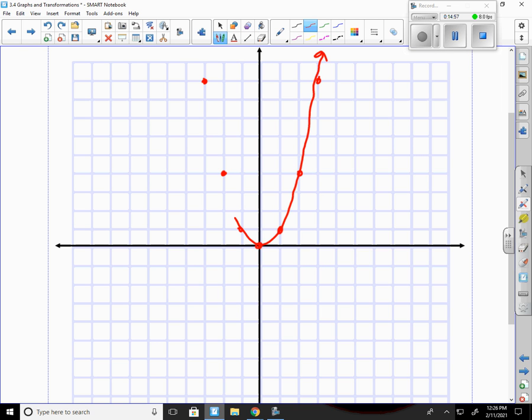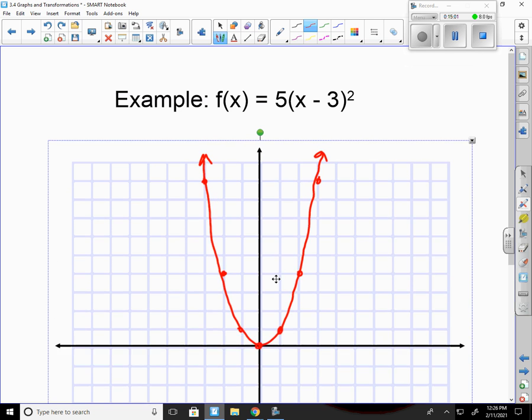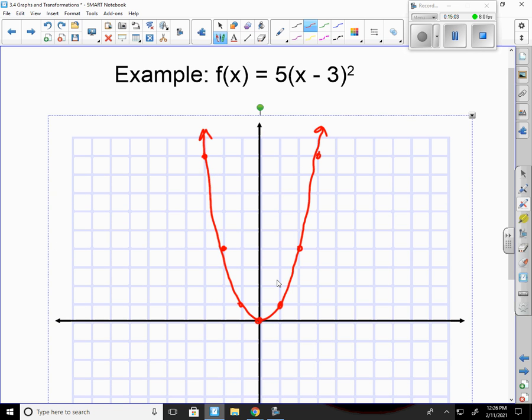Now, for each one of these, I don't want to have to create a table and graph each one. If I know what my parent function is, then I know what each of these transformations does to it. What does this minus 3 do? It's inside the parentheses, so it's a horizontal shift.